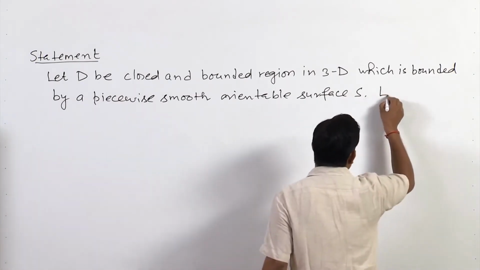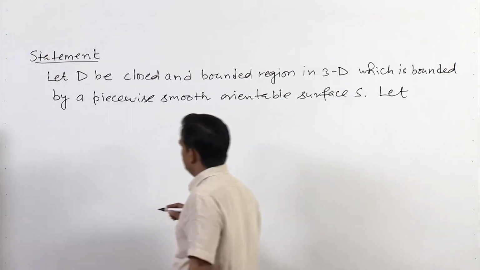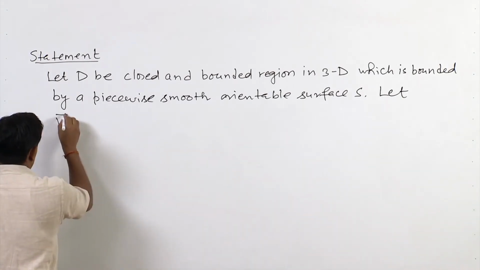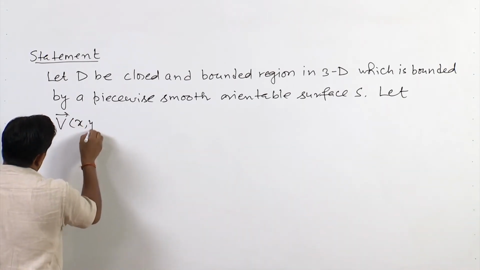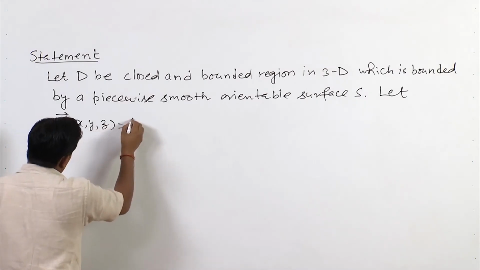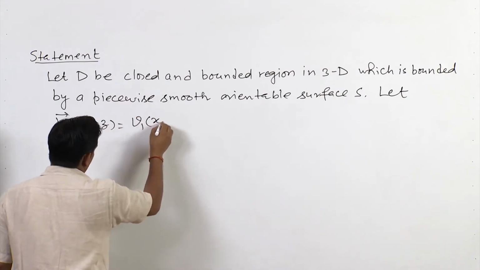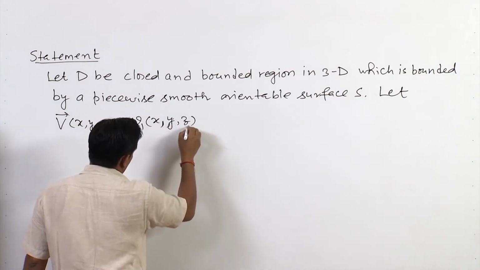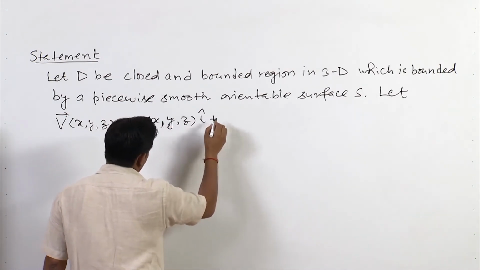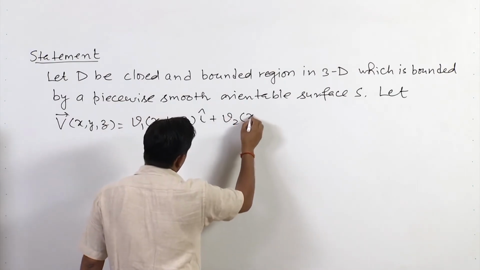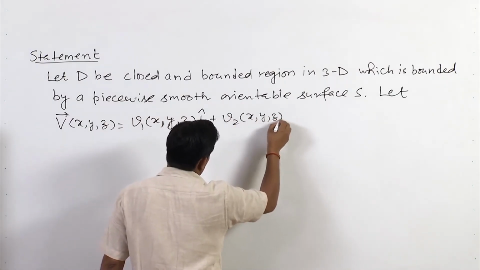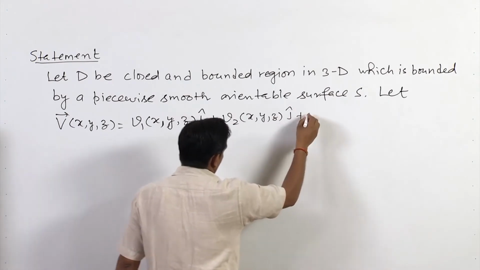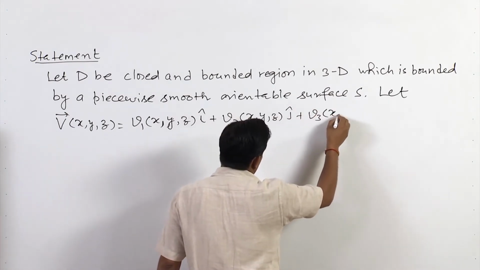Let V be a vector function of x, y, z having component V1 in i direction, V2 in j direction and V3 in k direction.